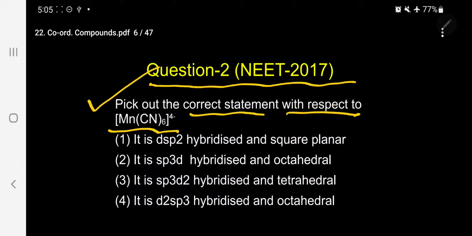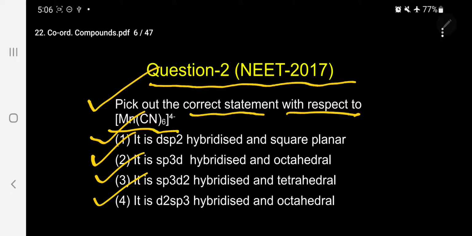That means here the oxidation state of manganese is Mn plus 2. Option 1, it is dsp2 hybridized and square planar. Number 2, it is sp3d hybridized and octahedral. Number 3, it is sp3d2 hybridized and tetrahedral. And 4, it is d2sp3 hybridized and octahedral.